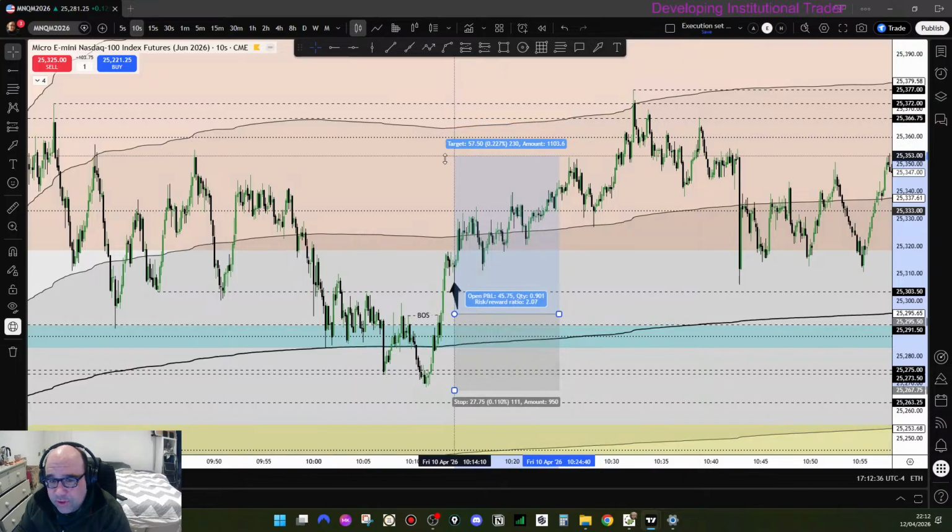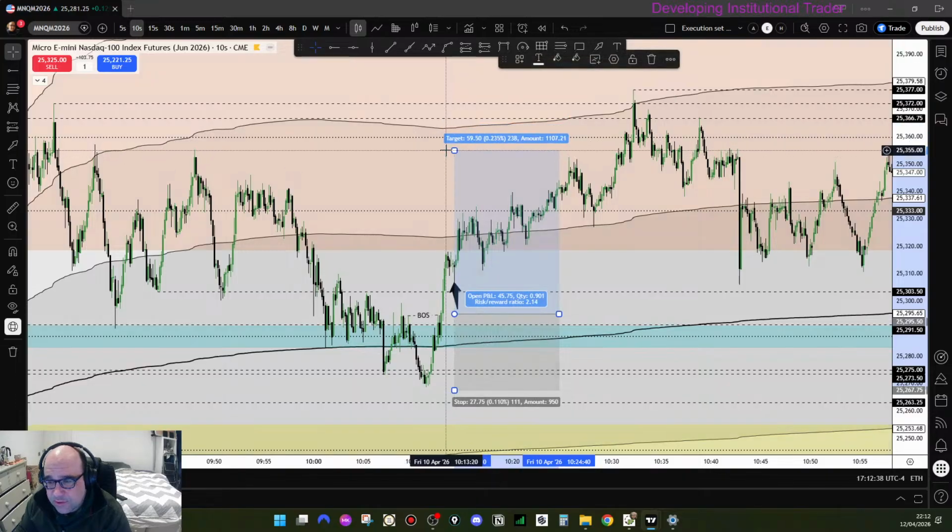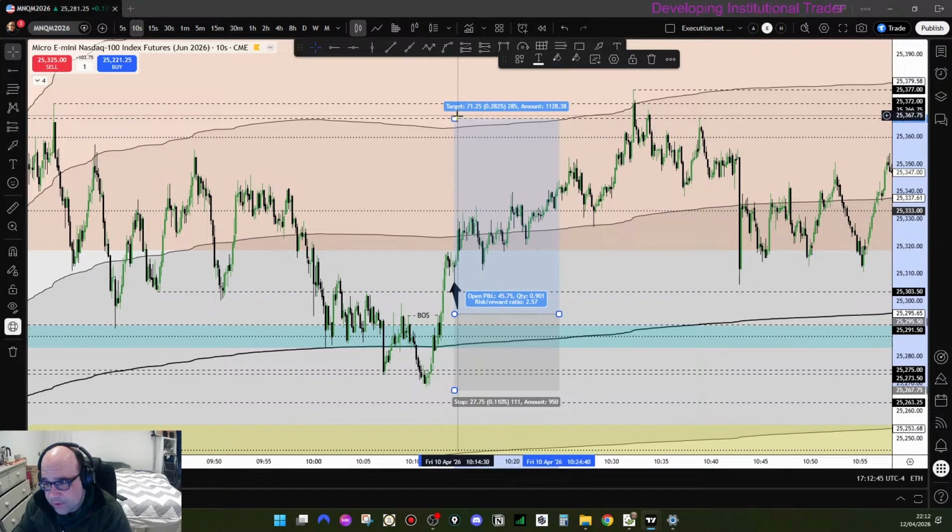I would peel some off. My initial targets would be here, and my extended targets would be this one. It's 2.5 R, which is a very good R. 2.2, 2.5 R. Decent trades.